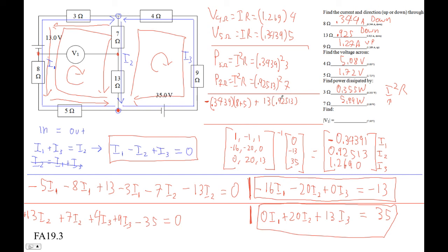Okay, plus 13 times 0.92513. 7.555, 7.56. All right. So when I did it that way, I got 7.556 volts, okay?